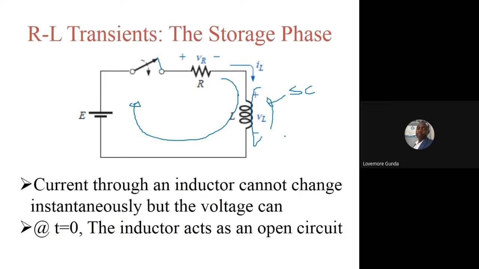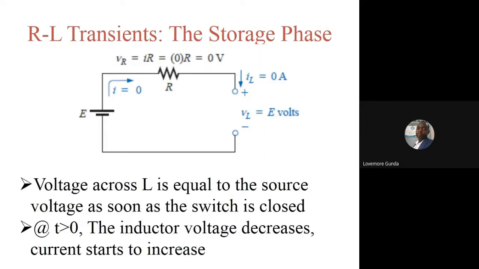the voltage across the inductor went straight from 0 to VL, which is called E. But the current did not change. We have to wait for it to build exponentially. So at t equals 0, the inductor acts as an open circuit.